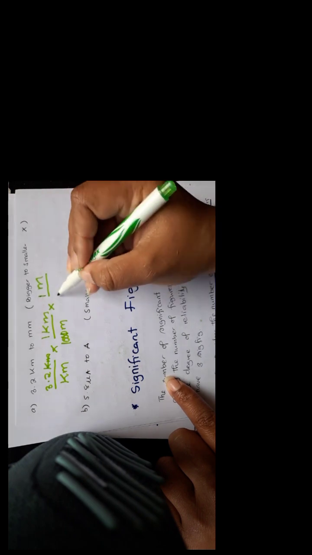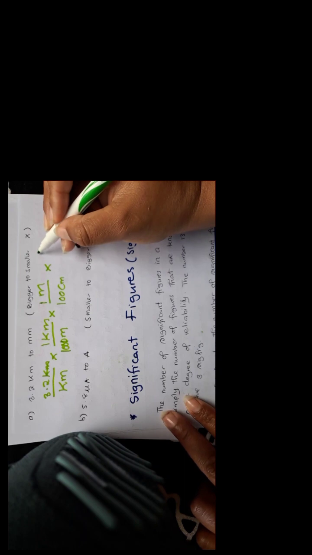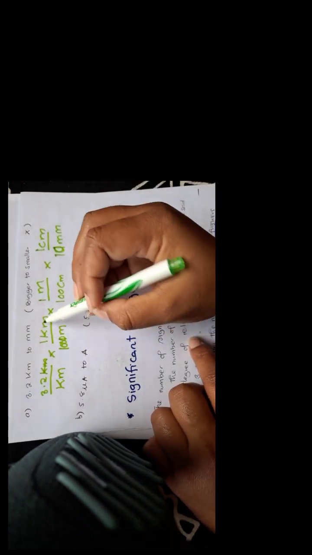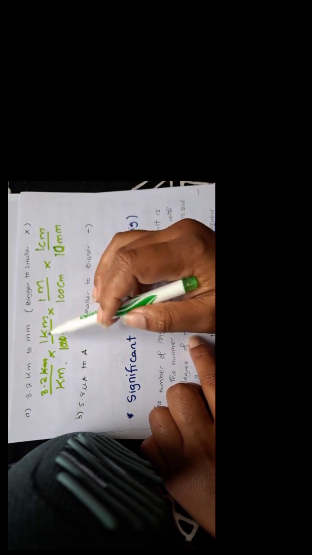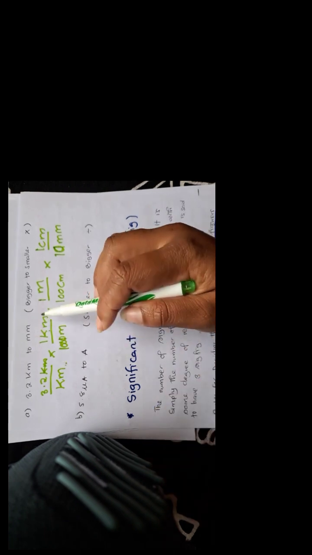and 1 meter is equal to 100 centimeters, times 1 centimeter is equal to 10 millimeters. Notice we have these units like this because they can be easily cancelled.